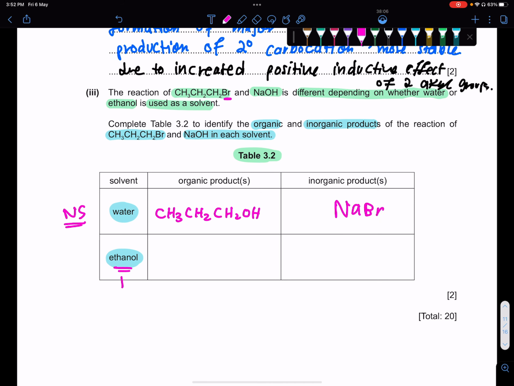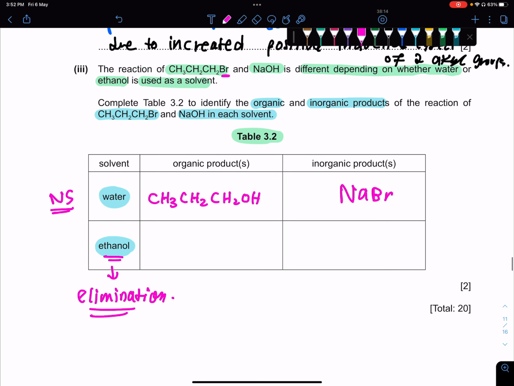With ethanol, it is what? It is an elimination reaction. We're removing the HBr, right? Let me just tell you what we are doing. Yes, we are removing HBr actually. The alkene would form, CH3, then CH and a CH2, right? So what got eliminated from here is what?